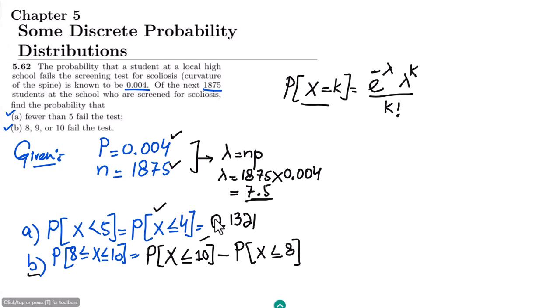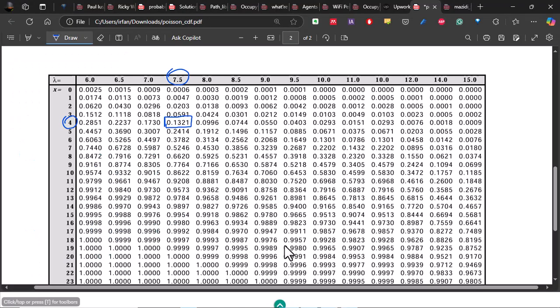Both of these can be found by using the Poisson CDF table, which we have seen previously. The value of lambda remains the same while the value of x will be 10 and 8. Let me move to the table. This is 7.5 and we want to find the value for 10.